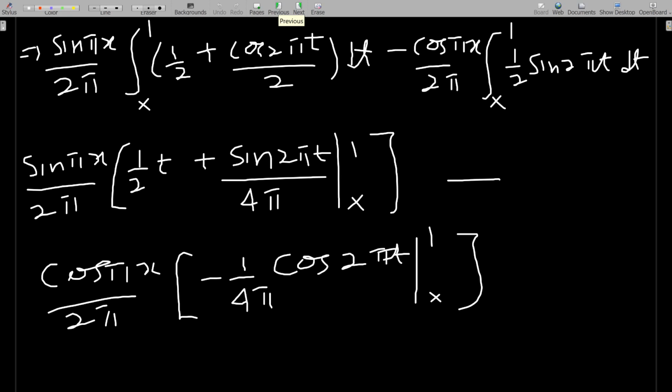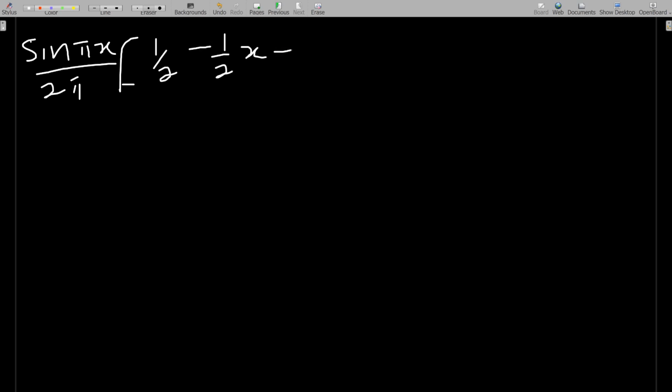So I'm going to write it straight away. If I put the limit in, I have sine pi x over 2 pi into half minus 1 over 2 x minus sine 2 pi x over 4 pi.